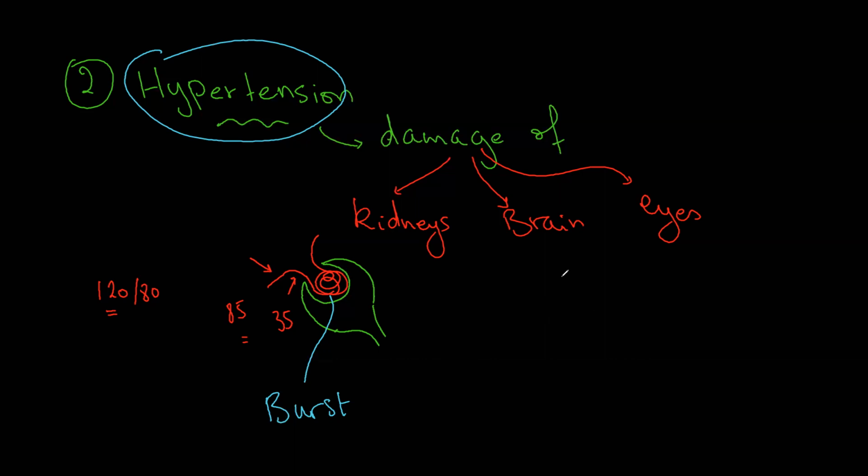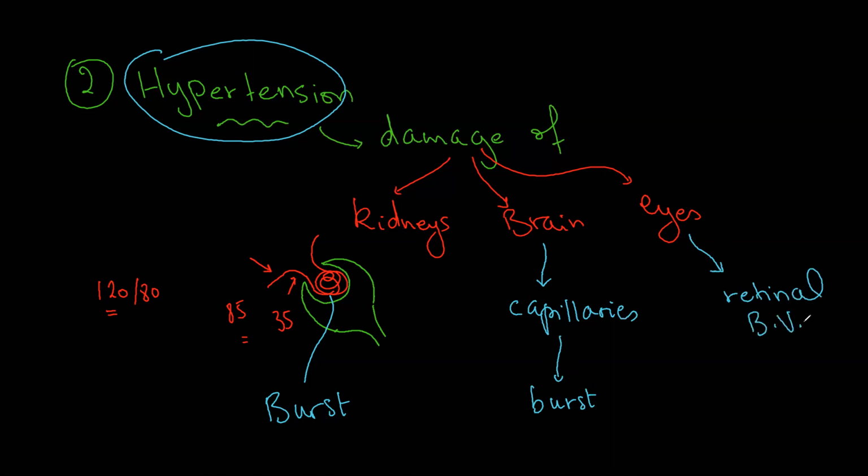But what about the brain? We know that the brain has very delicate capillaries, and if there is high blood pressure, these capillaries might burst, leading to brain bleeding. But what about the eyes? The mostly affected are the retinal blood vessels, the blood vessels found in the retina, and this might lead to blindness.